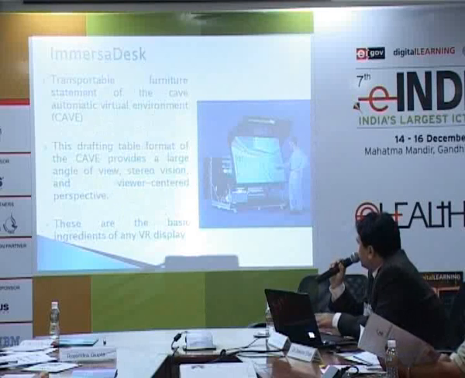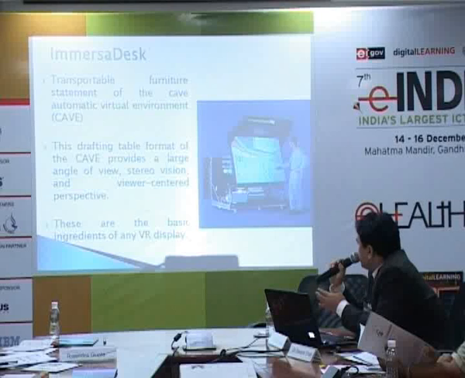So the surgeon or physician can see all the volume rendered 3D images and plan the surgery accordingly.